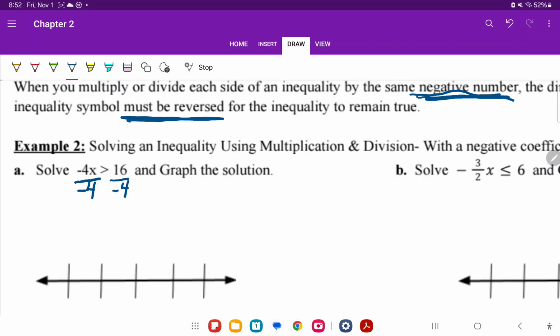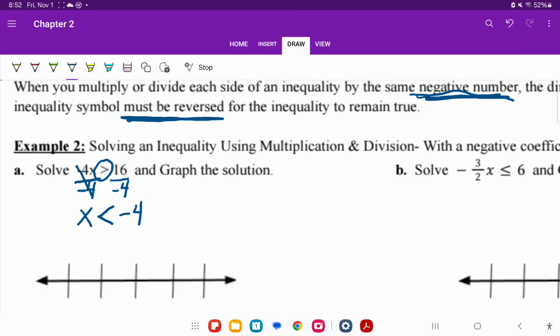When you divide by a negative, that cancels out, but we have to reverse the inequality. So instead of less than, it switches to greater than, and then positive 16 divided by negative 4 is negative 4.